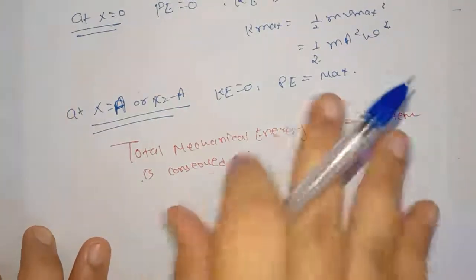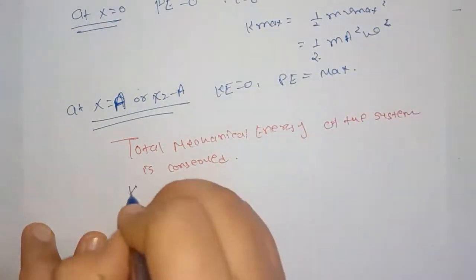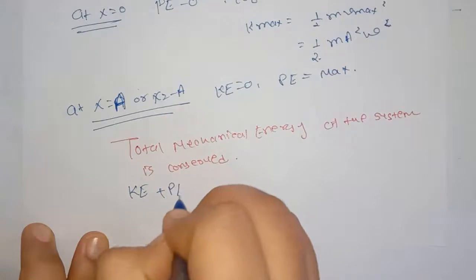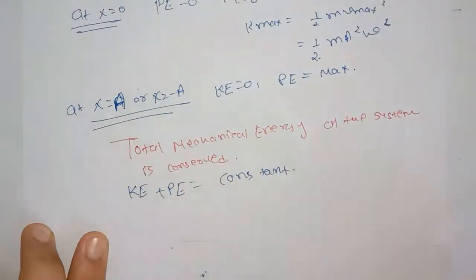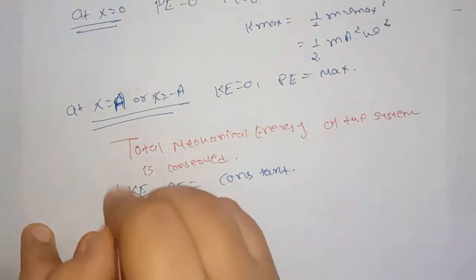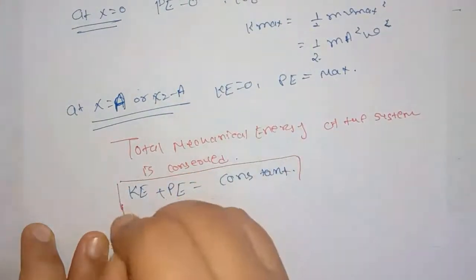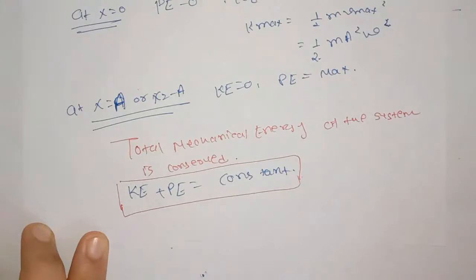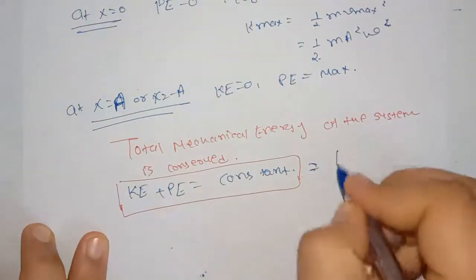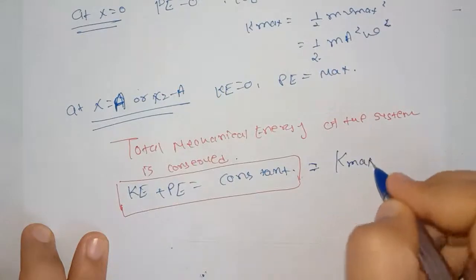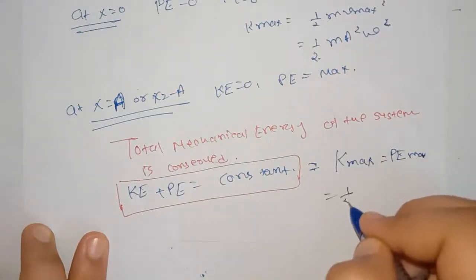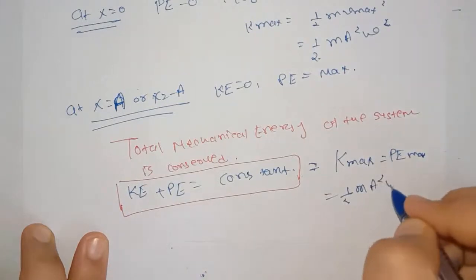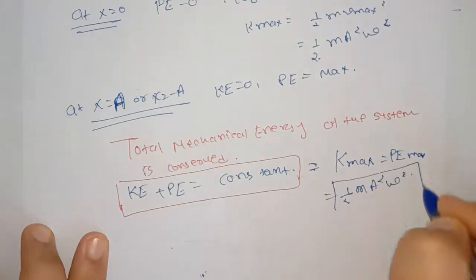So we can see that kinetic energy plus potential energy is always constant. And that will be equal to K max, that will be equal to PE max, and that is half m a square omega square.